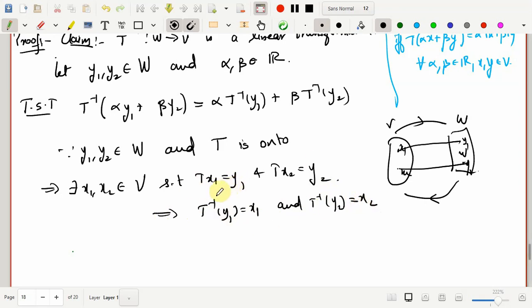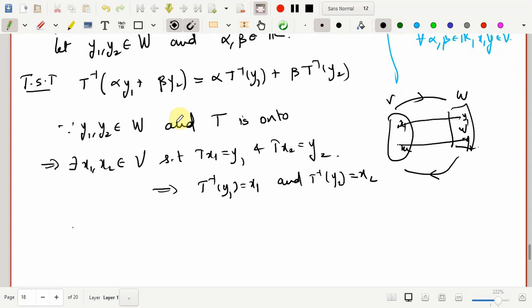Okay, so this is what we have. Fine. So now our aim is to compute T inverse of alpha y1 plus beta y2. So let's check it out. What is this?